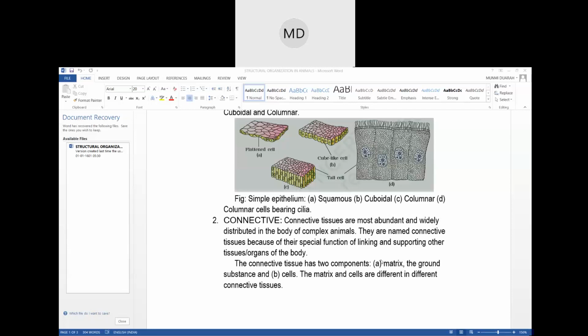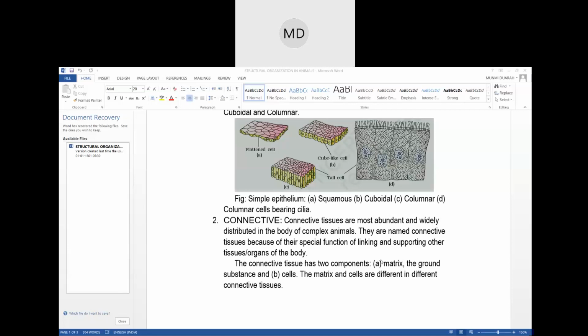One is blood. Blood is a connective tissue. Next, your bones. Bone is also a connective tissue because it helps in connecting, right?